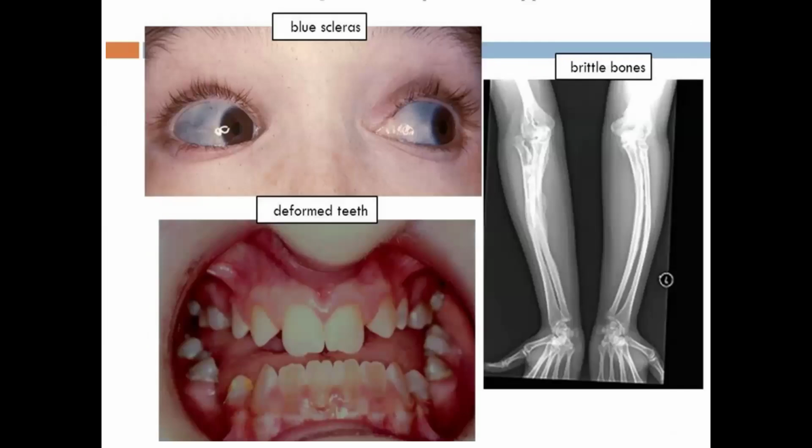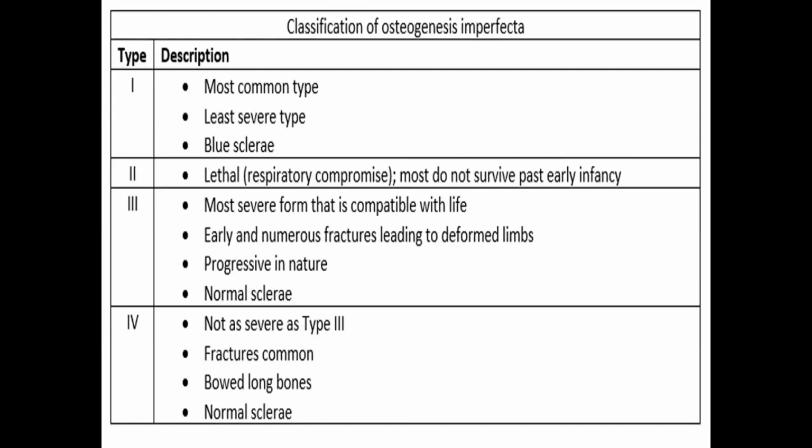Blue sclera, deformed teeth, brittle bones. It's divided into types 1, 2, 3, and 4. Type 1 is the commonest type that we just talked about. Type 2 is lethal. And then you have 3 and 4. Type 4 is not as severe as 3. But type 3 is the most severe form that's compatible with life.